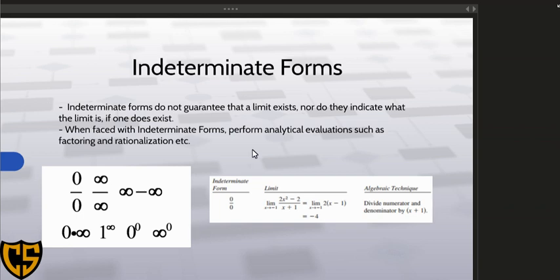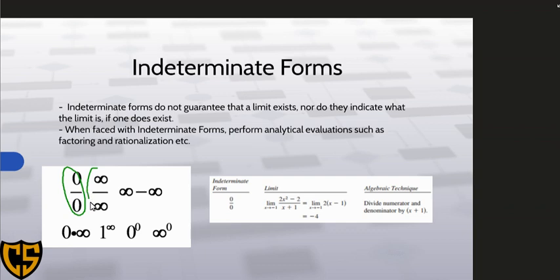So, examples sina are the, actually, may ara lang gid sang 8 ka indeterminate forms. So, that is 0 divided by 0. So, hindi na siya pwede. Next, we have infinity all over infinity. So, hindi ni pwede nga value. Next, we have infinity minus infinity. So, hindi ka pwede nga infinity minus infinity is equal to 0. So, hindi na siya pwede.